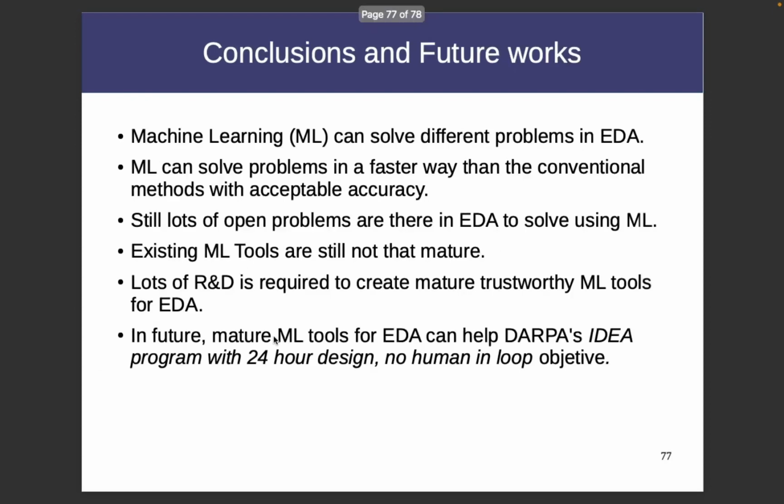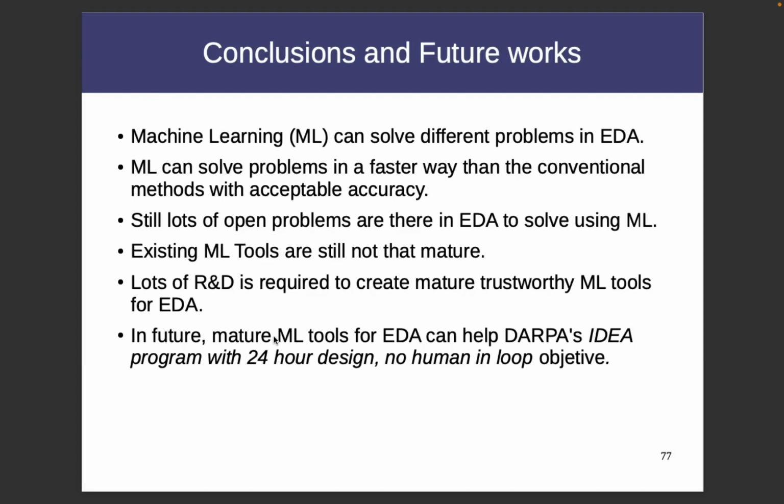That's what I feel. At the end, I want to say that machine learning can solve different EDA problems, and many researchers have already demonstrated that. There are many unsolved problems in EDA which can also be solved. Existing ML was not that mature, so lots of R&D is required.